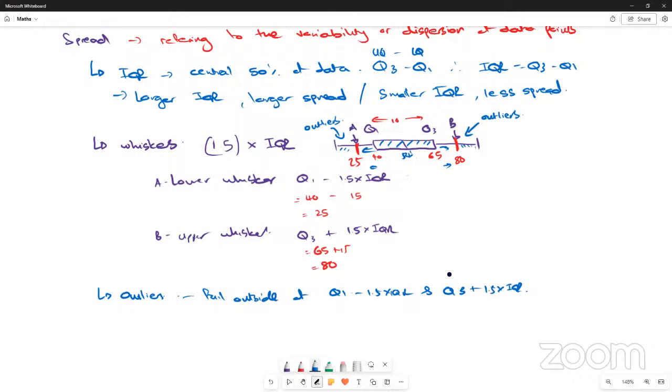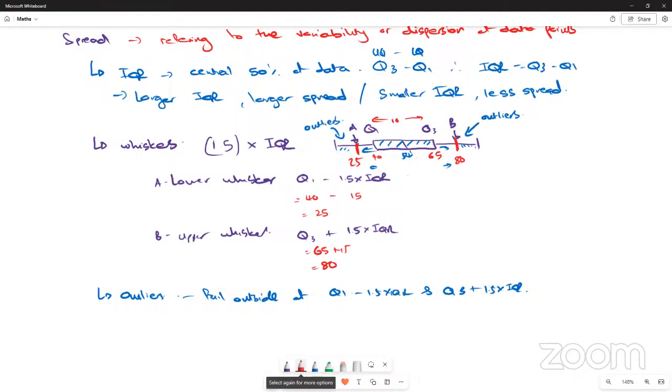And so the significance of this is that it indicates there's variability in the data, and having variability in the data will affect the overall analysis of it. So if data is variable, it gives us an indication of the variability of it.